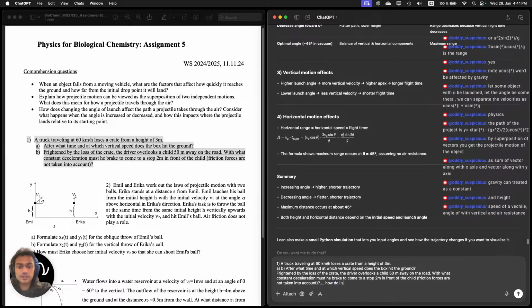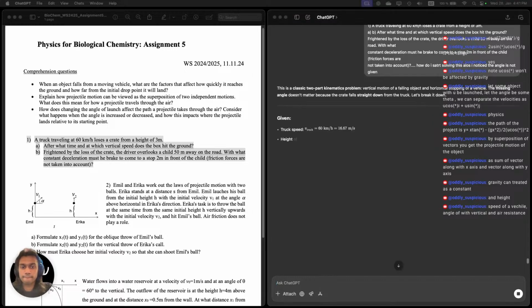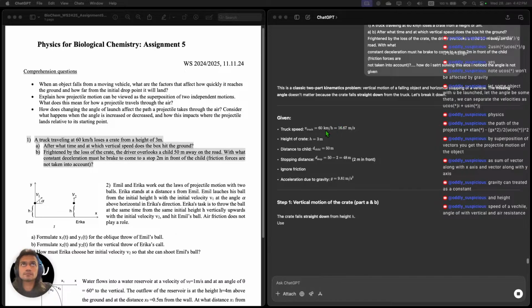How do I start solving this? Also, I noticed the angle is not given. It's a classic. 60 kilometers per hour to meters per second is 5 by 18, if I remember.